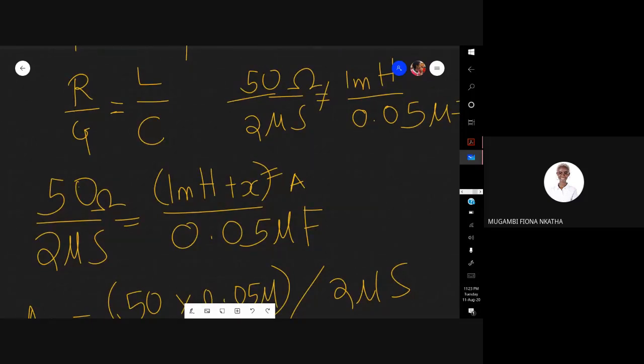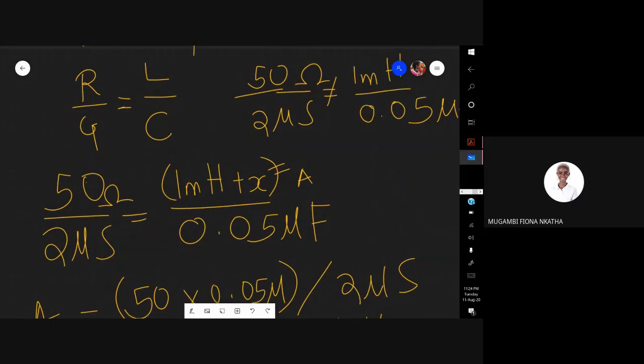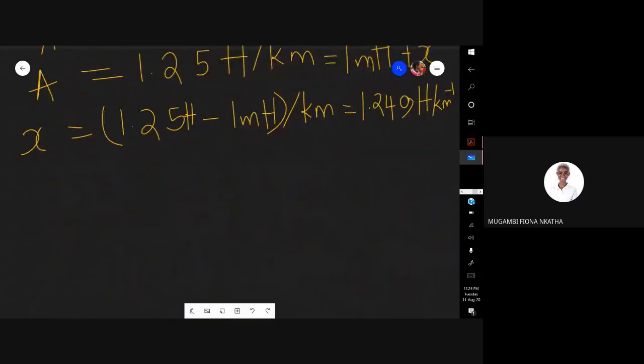We are looking for the inductor loading required to achieve it, because the 1 millihenry was already there. So what do you need to add to that so that L over C can achieve the same as on the other side? So that R over G should be equal to L over C. Is there any question there?